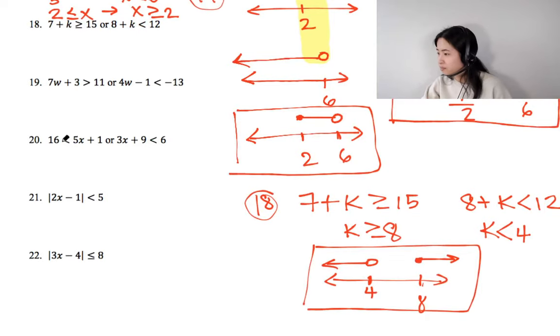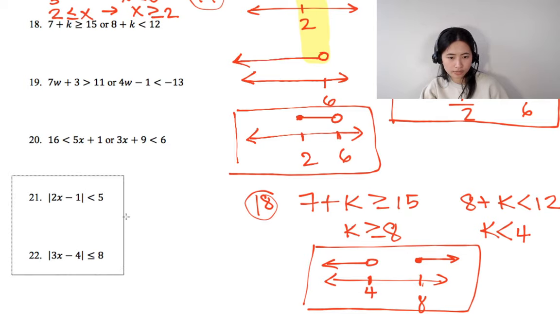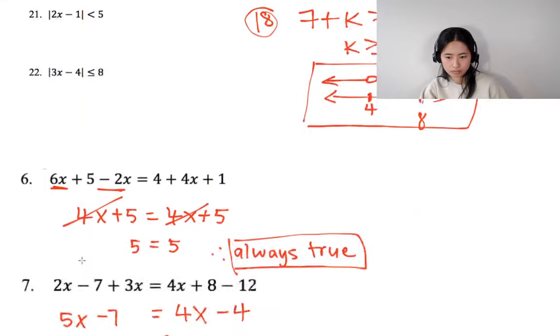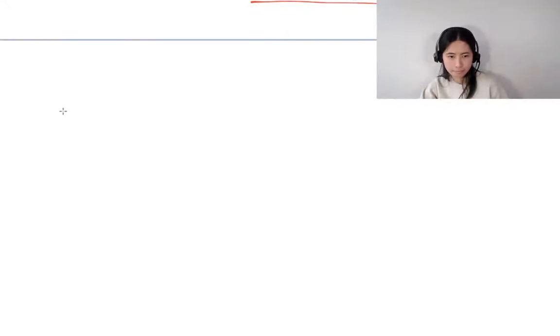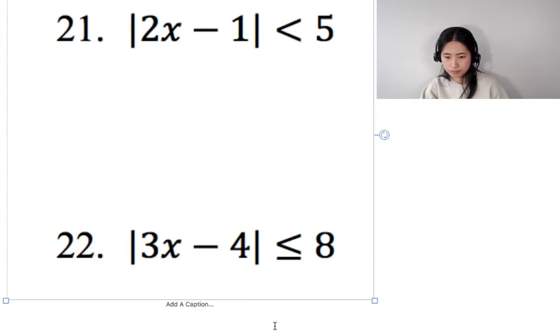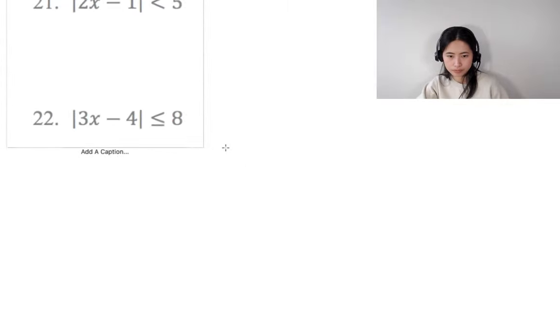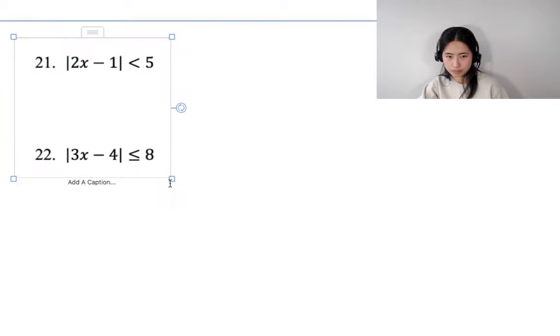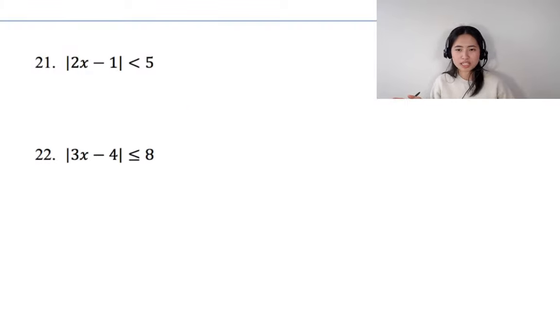Okay, lastly, we have absolute values to deal with. So this is 21 and 25. Okay, so anytime you're dealing with absolute values, maybe we can start simple.